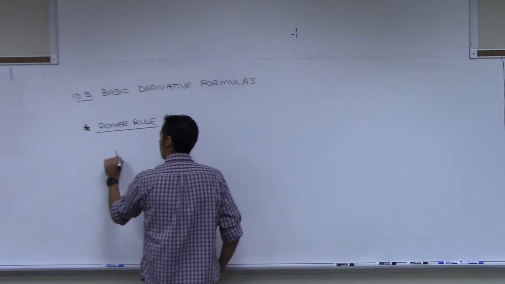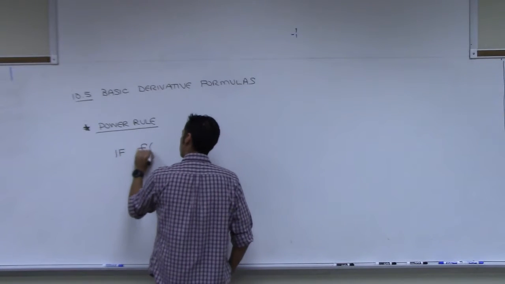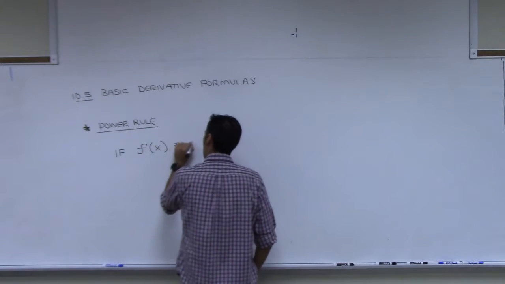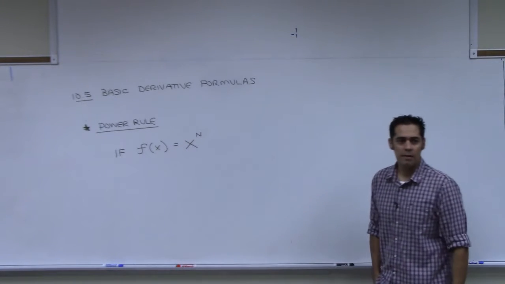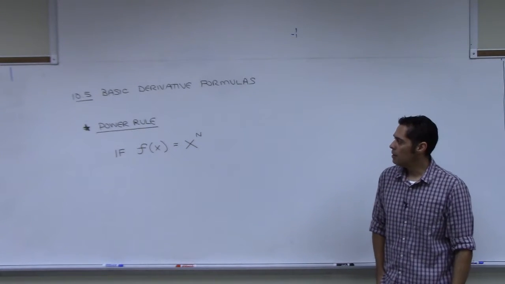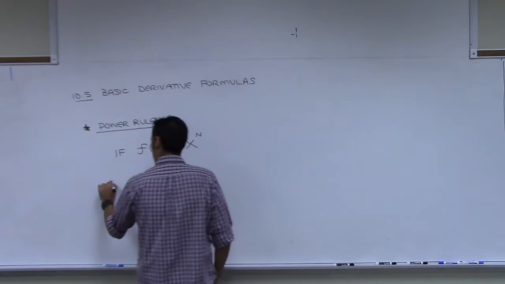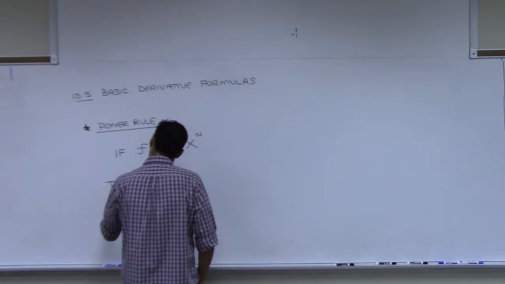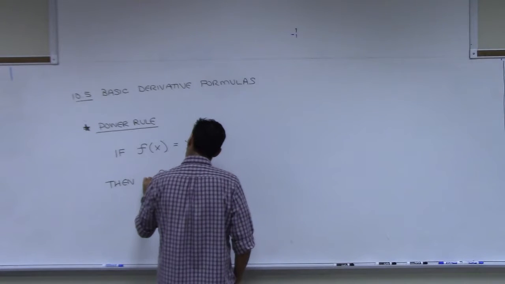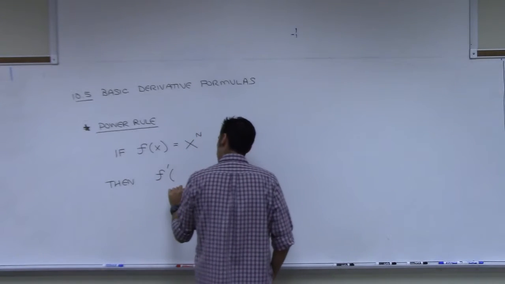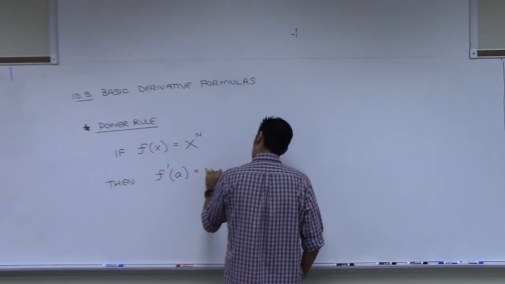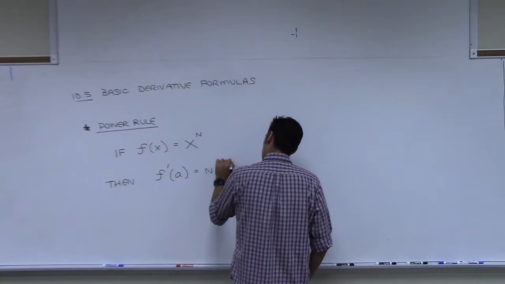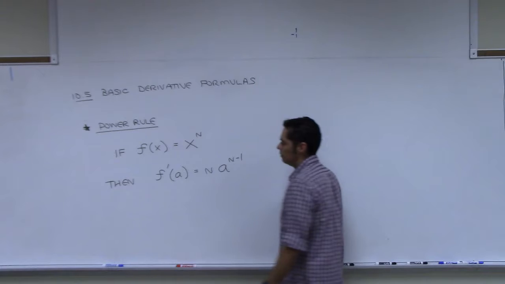It says if your function has x to a power n, then the derivative of this function at a is n a to the n minus 1.